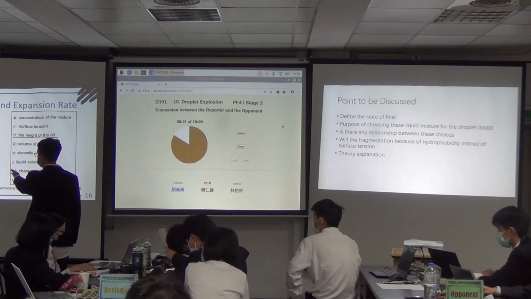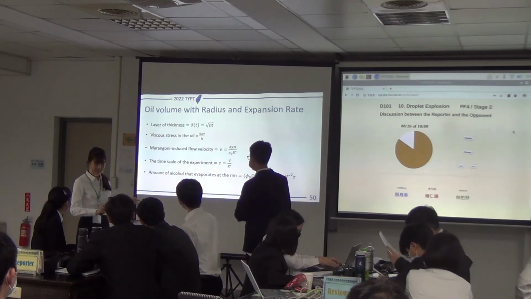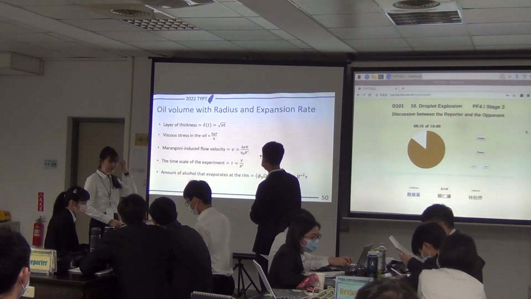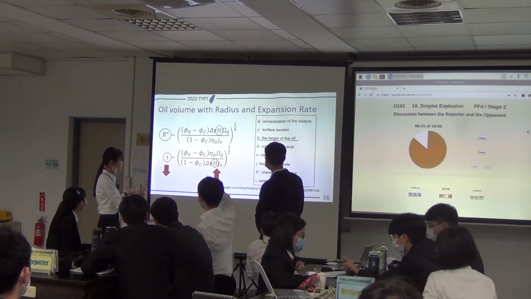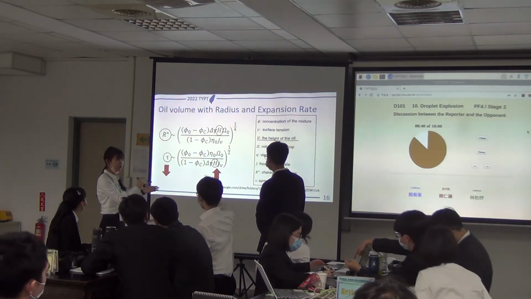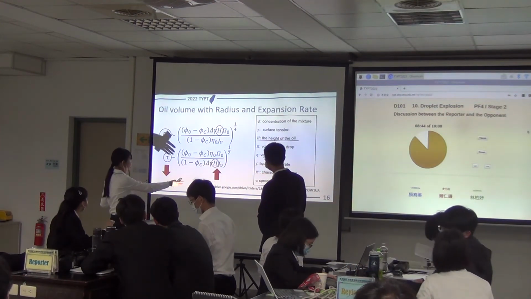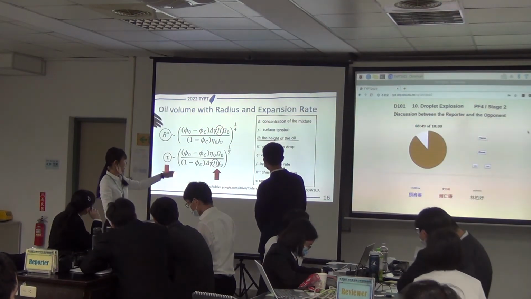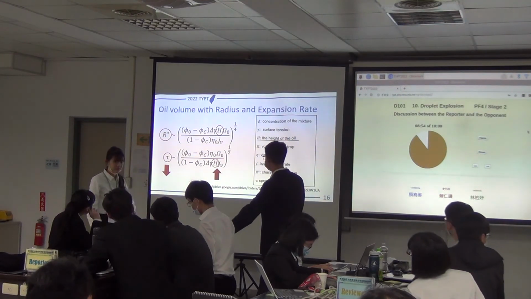This is the final equation, right? We just copied it from the reference, because we think this phenomenon is affected by the Marangoni effect. So we didn't calculate an exact number for our results. We just have a trend. We found that with a higher height, we got a higher expansion rate and a lower spreading rate.